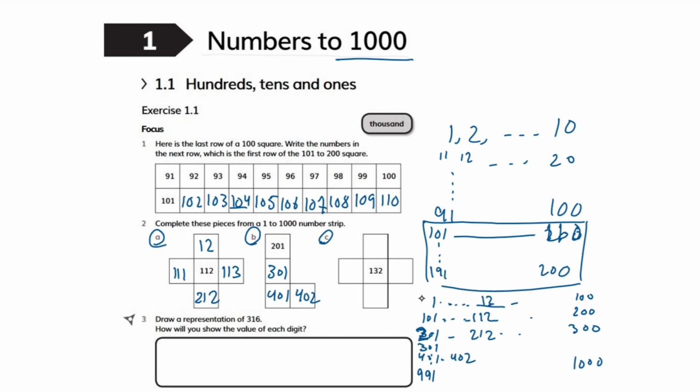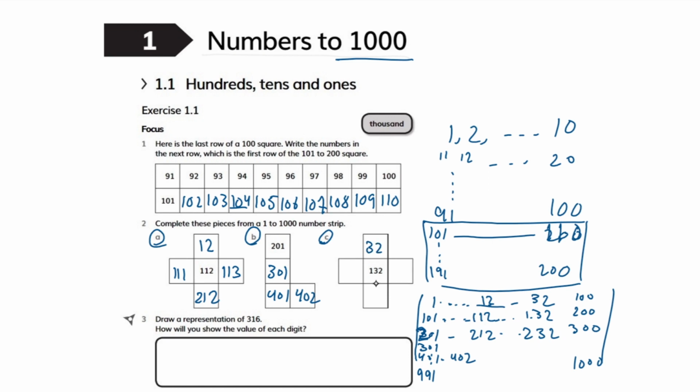If we come again to this 1 to 1000 strip, 132, maybe it's here. So above 132, we will have 32. Below 132, we will have 232. So the number that comes above 132 is 32.